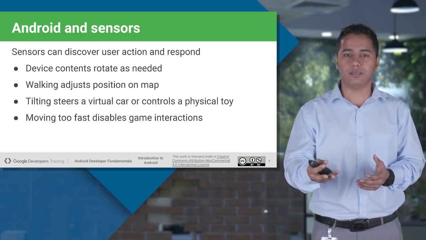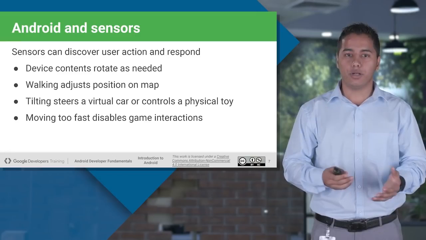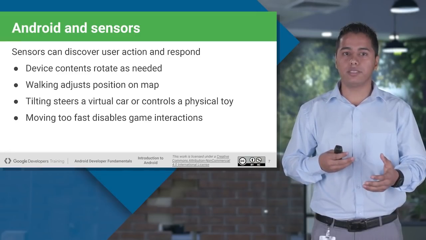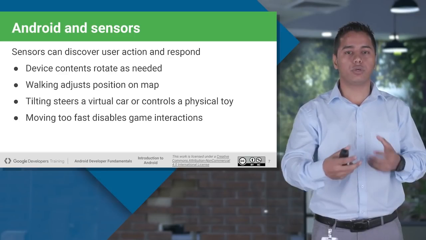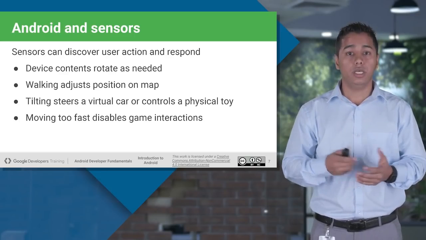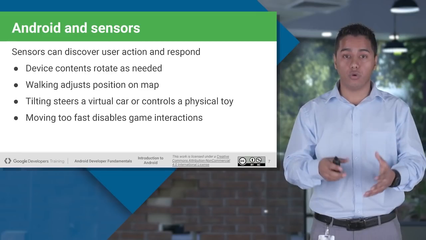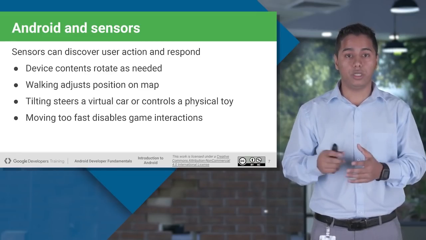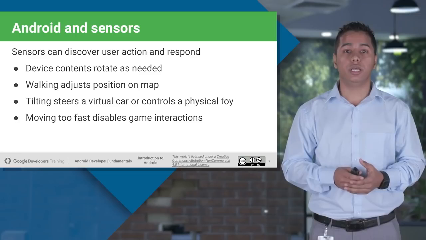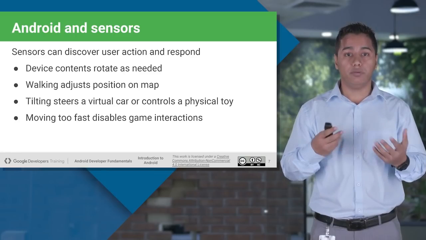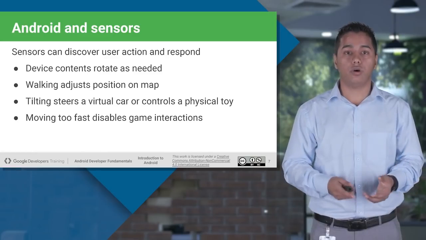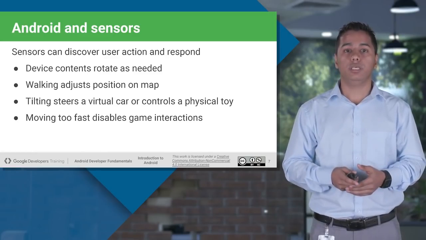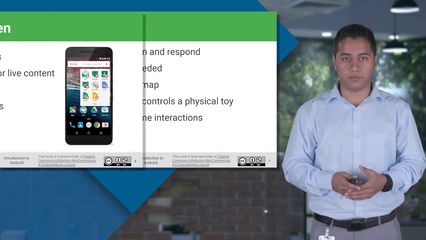Because there are sensors already placed inside your Android device, and your Android operating system helps that sensor connect with your own application. So we can position on a map at a particular location, we can do navigation, and we can even steer a virtual car or a toy. All these things can be done with the help of your Android operating system.